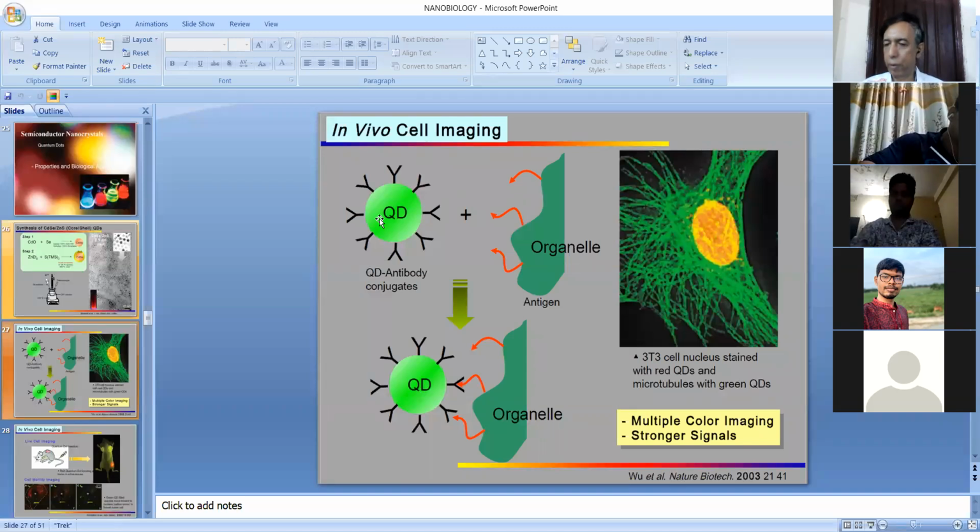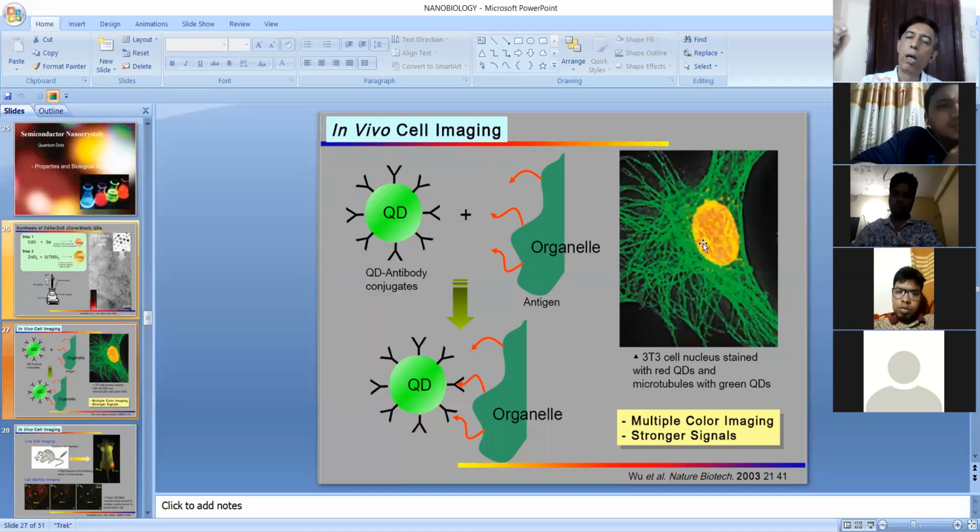When it emits light, you can detect the light and you can image that section. See here, here is the quantum dot inside the body. If you give infrared radiation on that quantum dot here, it emits light and it is detected. It can be imaged inside the body.